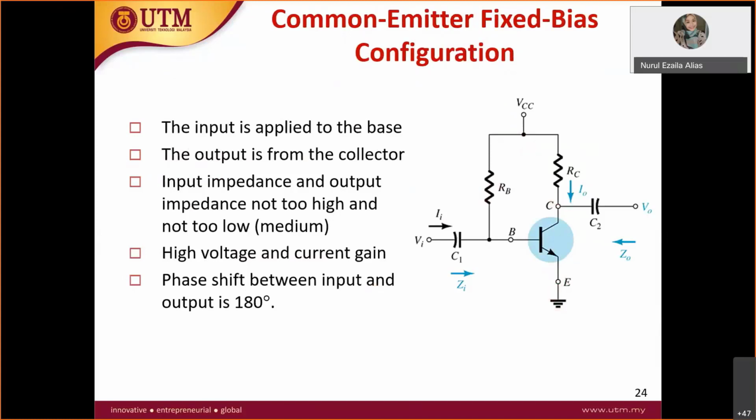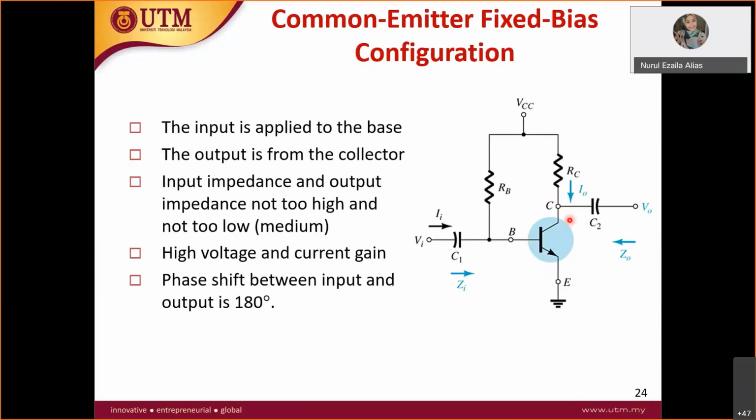In the previous part of BJT, to solve the DC currents IB and IC, you would open circuit the capacitors, meaning you ignore all the capacitors during the DC analysis.